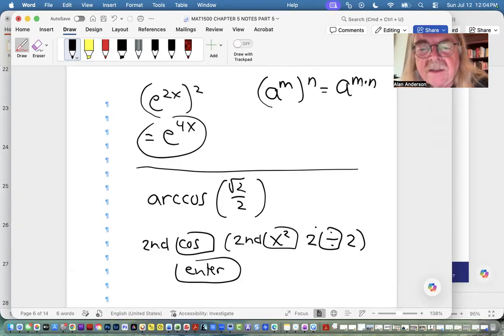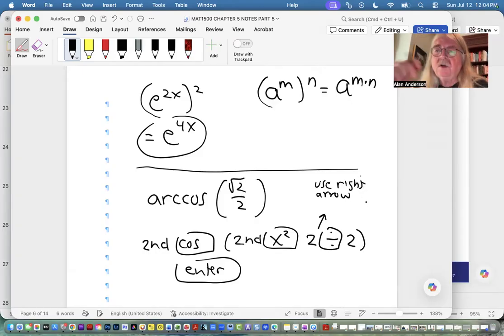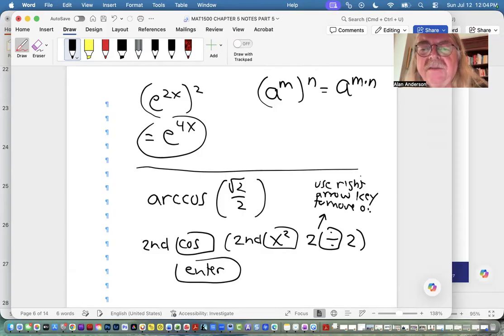After you create this radical 2, use the arrow key to move outside of the radical. It's drawing a little picture of a radical, and you'll stay stuck in there until you move it out with the arrow key. If you didn't know that, you'd be stuck forever trying to move out of the radical.